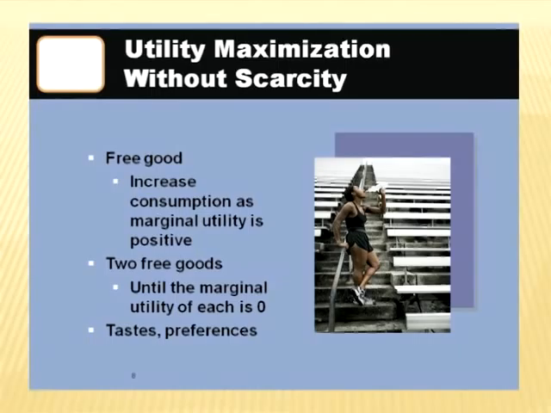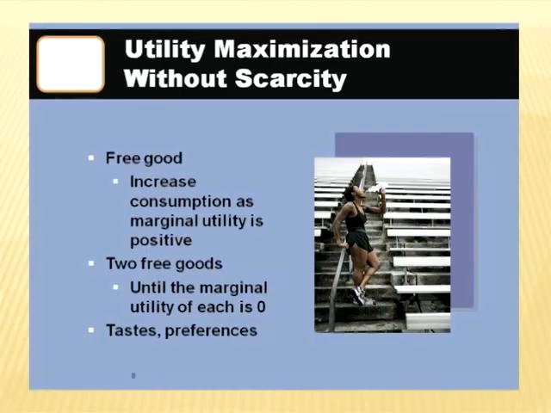On the other hand, if we had 2 free goods, say, a choice between free water or free Gatorade, we would consume free Gatorade until it no longer had a positive marginal utility, and then we would consume water until it no longer had a positive marginal utility. The order of that, of course, would depend on our taste and preferences. Some people might prefer drinking the water first and then the Gatorade. On the other hand, some people might prefer the Gatorade first and then the water.